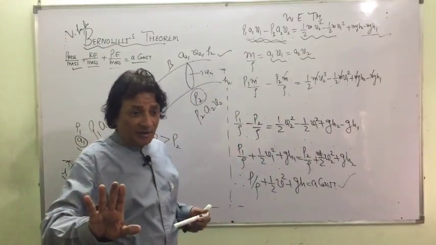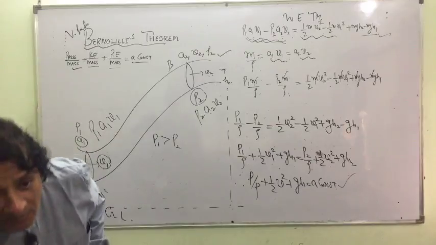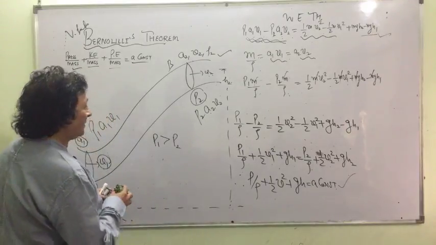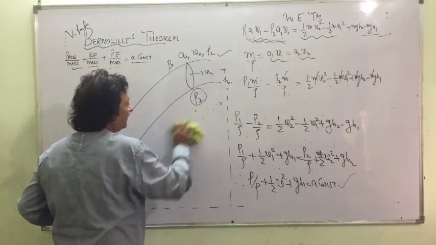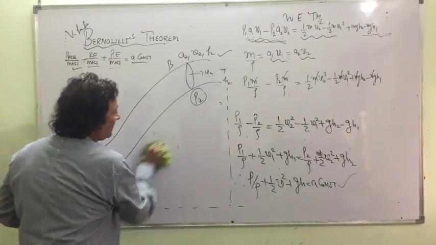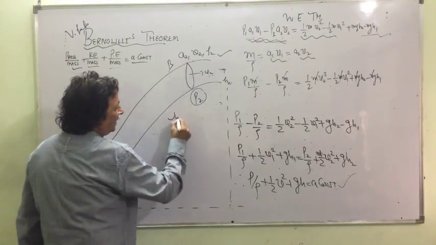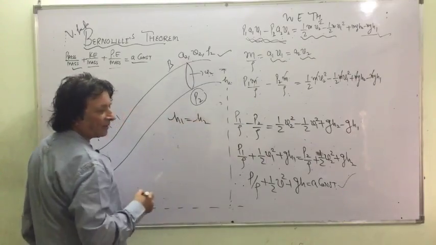If the tube is horizontal, in that situation, just look here in this section. If the tube is horizontal, then what happens? Now concentrate everybody. If the tube is horizontal, then H1 is equal to H2.